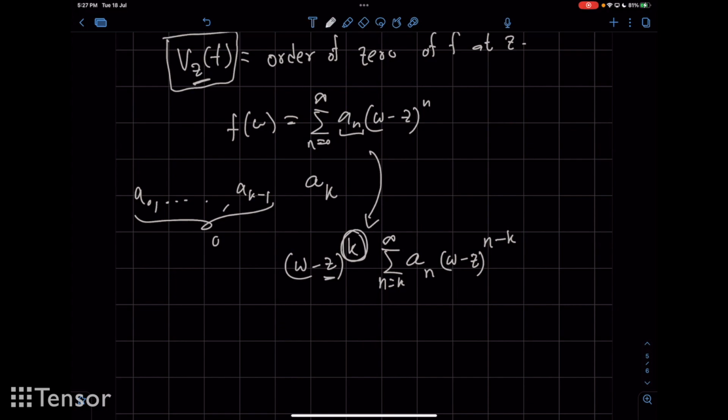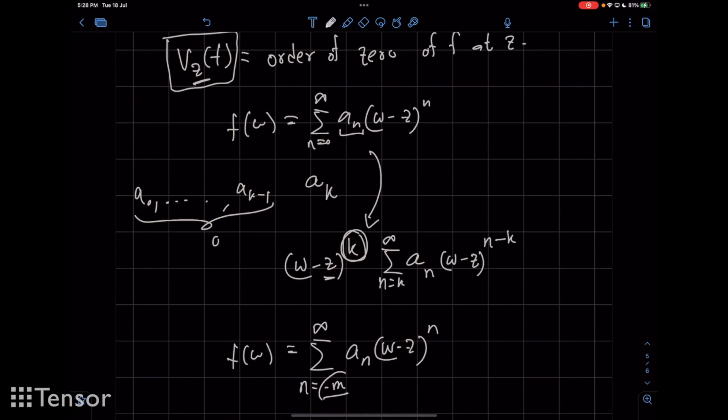So in an annulus centered at z, we have f(w) given by the sum of a_n (w minus z) to the power n. And here as well, since f has a pole at z, n starts at some negative integer, right?